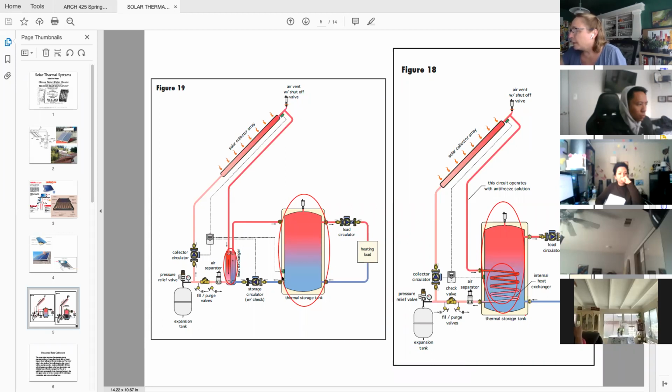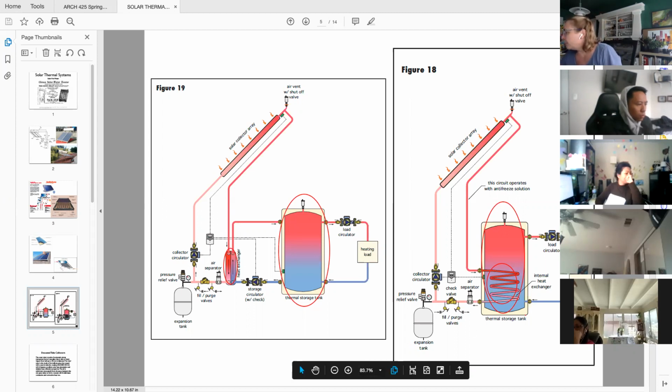And so the water in the tank side of the heat exchanger is constantly changing and being refreshed. The difference for the internal heat exchanger is just that heat exchange is occurring in the tank, so the secondary loop is not required.